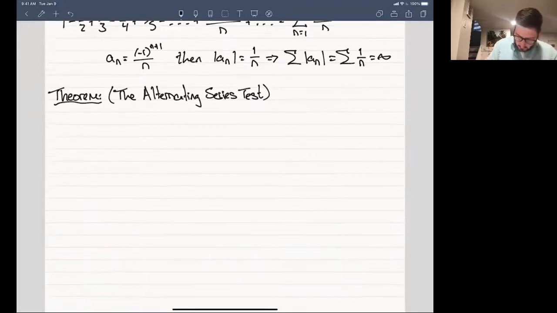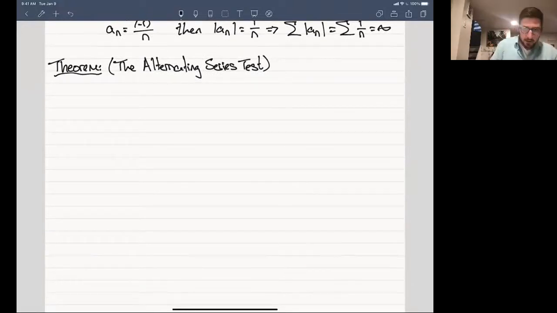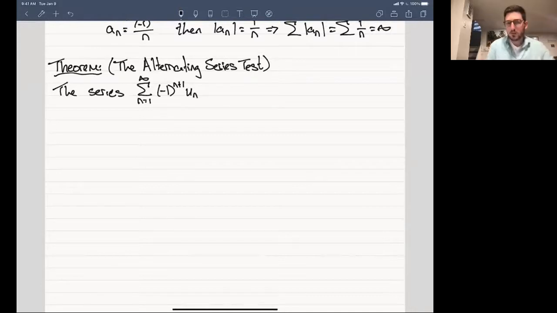Okay, so it says that the series, we're going to write it like this. We'll write it as the sum from n equal 1 to infinity of (-1)^(n+1) times u_n. So your whole a_n term is everything in there, (-1)^(n+1) times u_n, which is the same as u_1 minus u_2 plus u_3 minus u_4.